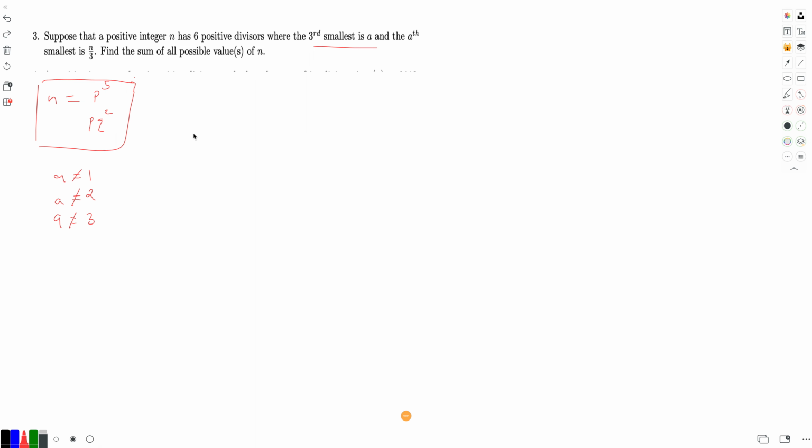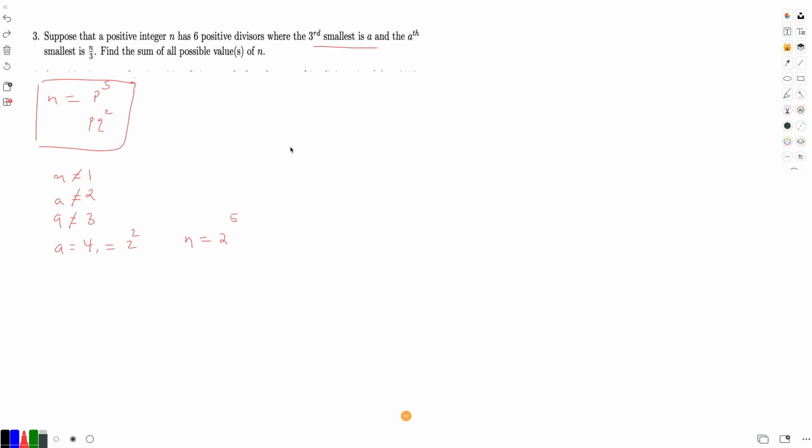Alright, now let's move on to a equals 4. The third smallest is 4, and the fourth smallest is n over 3. So maybe that's possible. I'm going to write 4 as 2 squared. If n is of the form p to the 5th, since we have a 2 squared factor, we know that n must be 2 to the 5th.